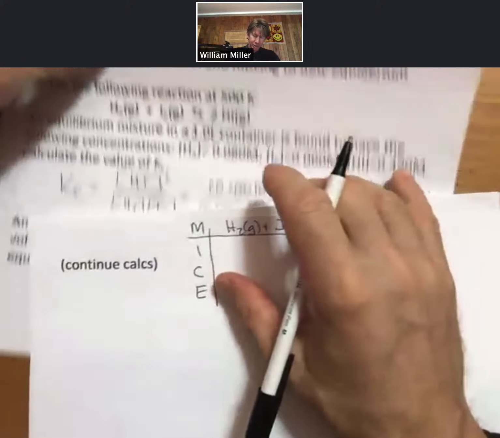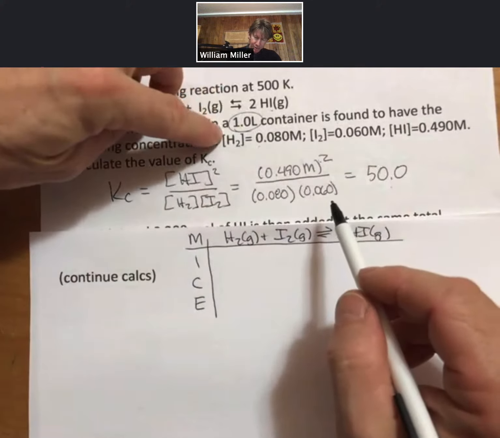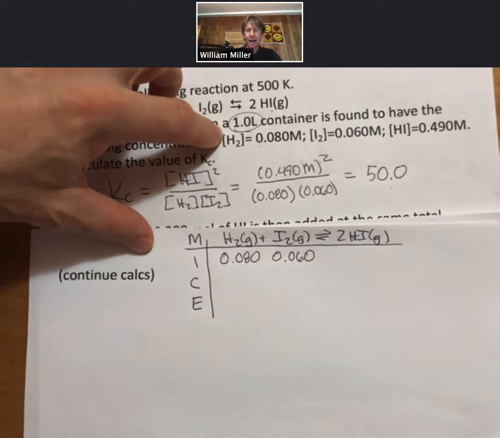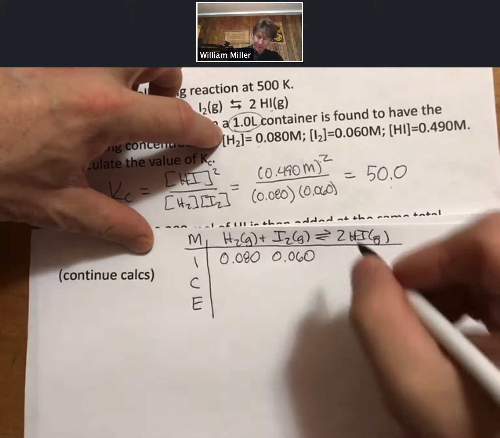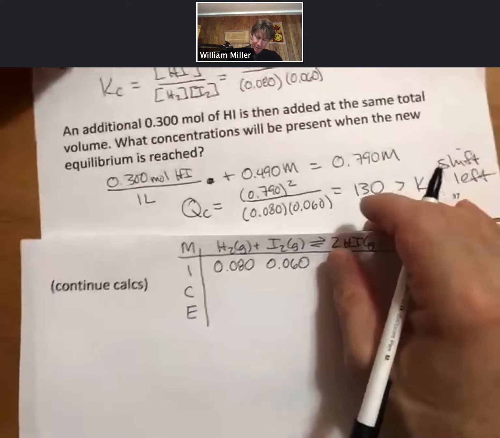We have initial concentrations of H2 is 0.08. Our iodine is 0.060, and our new concentration of HI is 0.790.